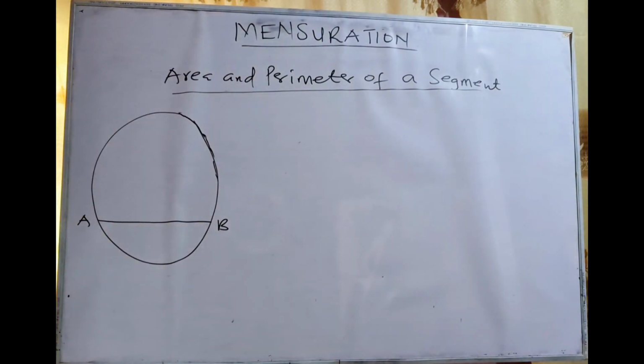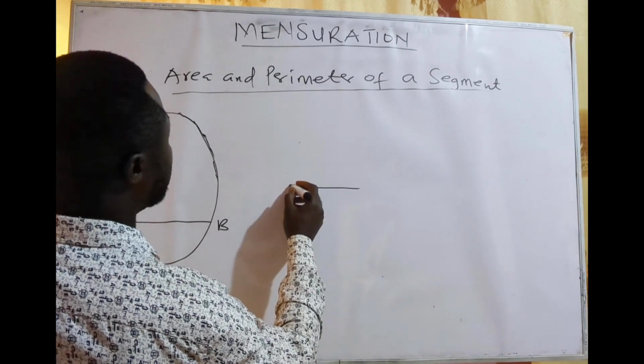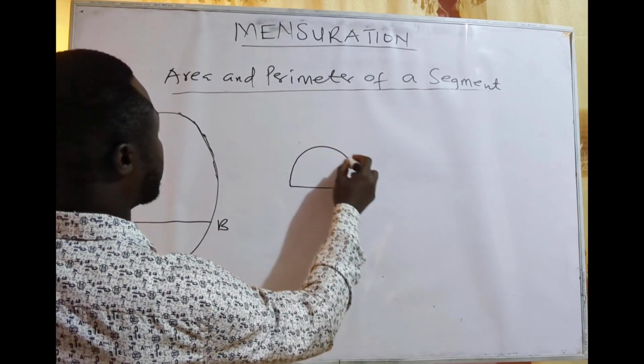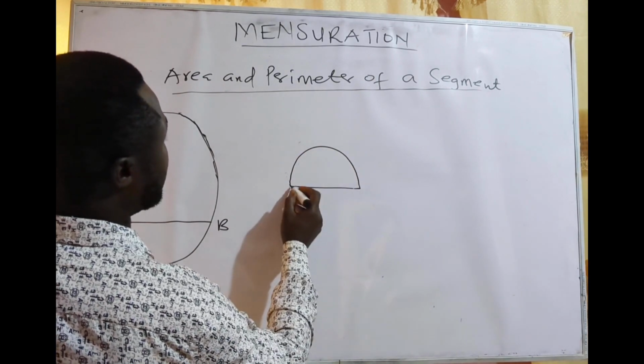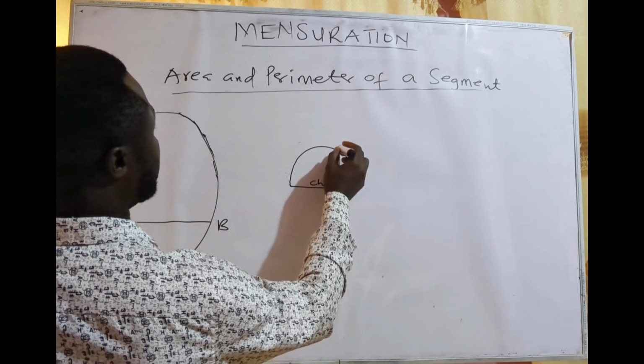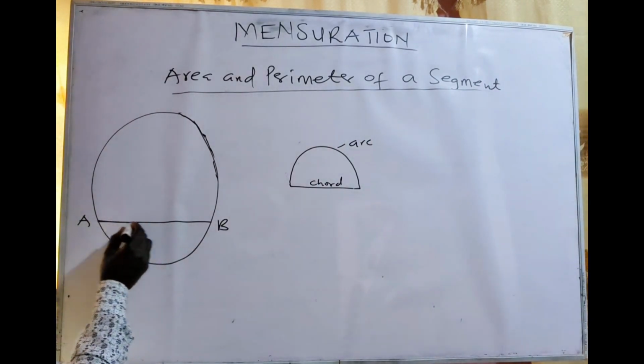As we said, a segment actually comprises of a chord and then an arc. So there is a chord, there is an arc.